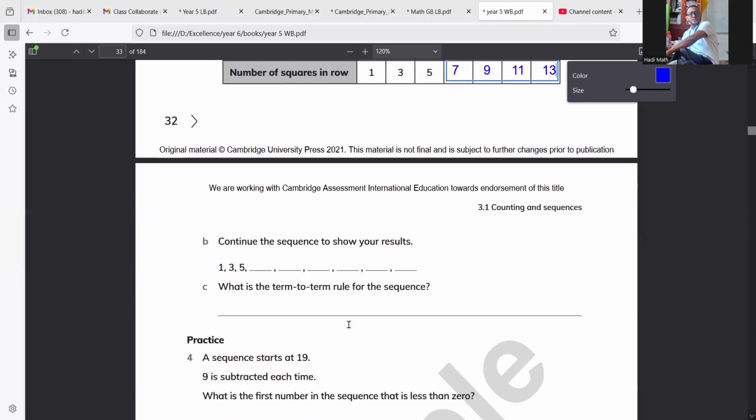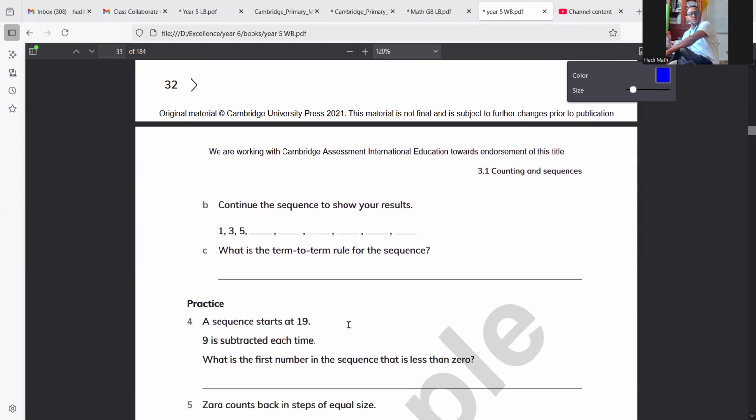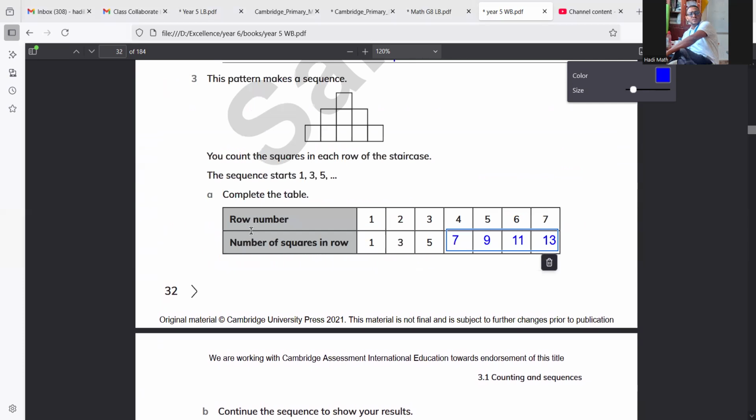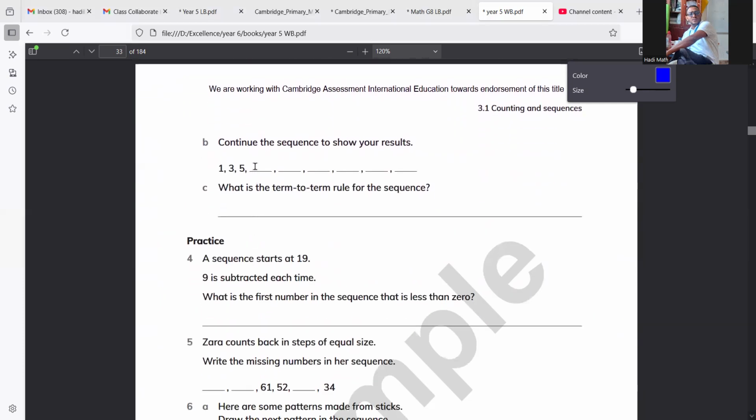They say continue the sequence to show your results. You continue the sequence in the same way: 1, 3, 5, as we said, 7, then 9, then 11, then 13, then 15, then 17, and I keep adding 2 every time.